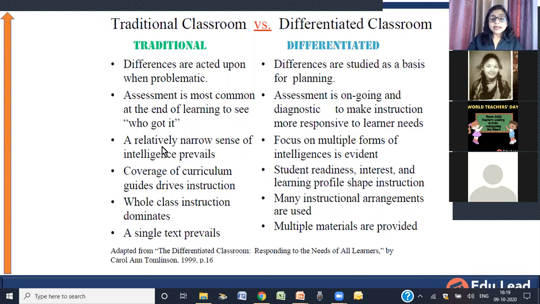Third, a relatively narrow sense of intelligence prevails. So in a traditional classroom, some students are intelligent, some are not intelligent, some are mediocre, and that is what we consider in terms of intelligence. Ye intelligent hai, ye intelligent nahi hai, ye kam intelligent hai, and so on. So it's a very narrow sense of intelligence which prevails in a traditional classroom. However, in a differentiated classroom, you will find multiple forms of intelligences are evident.